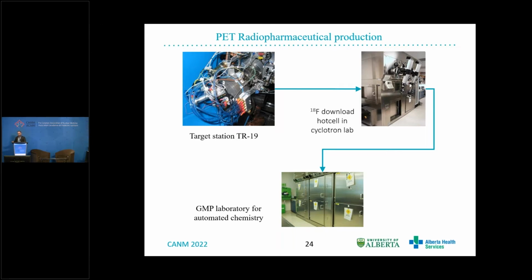We split it up in the hot cell if we need to do different radiopharmaceuticals or research, and whatever F18 we need for clinical use, we send up to our hot cells.